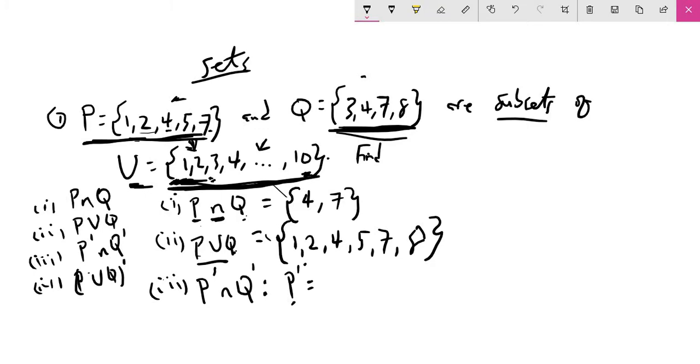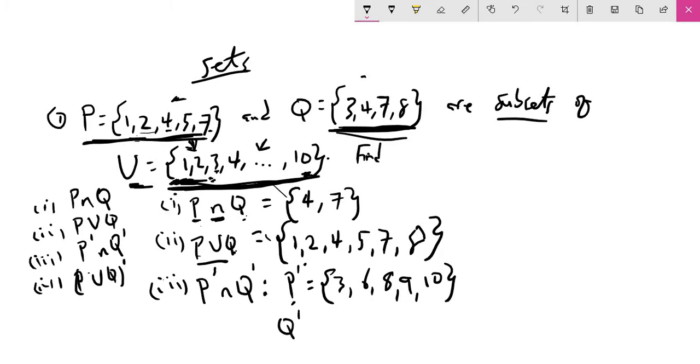Okay, so elements that are within the universal set but not in P: 1, 2 are in P, but 3 is not. So 3; 4 is in P, 5 also is, but 6 is not; 7 is in P, but then 8, 9, and 10 are not. So the complement of P is {3, 6, 8, 9, 10}.